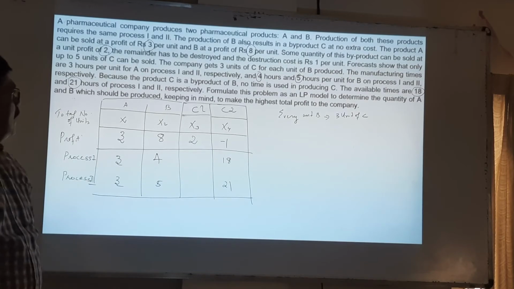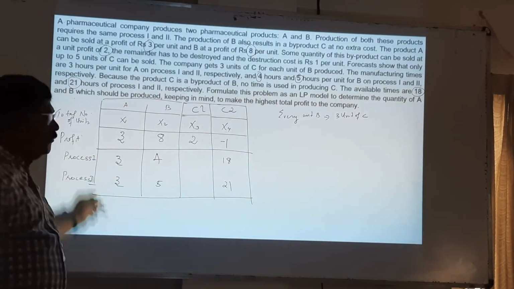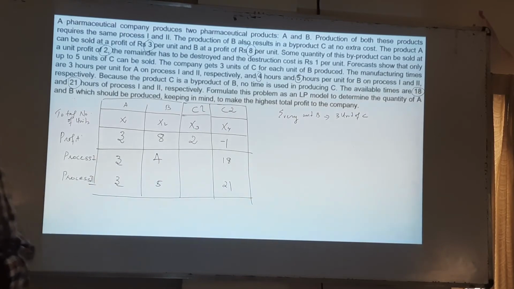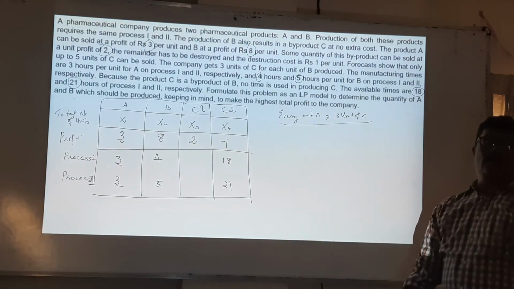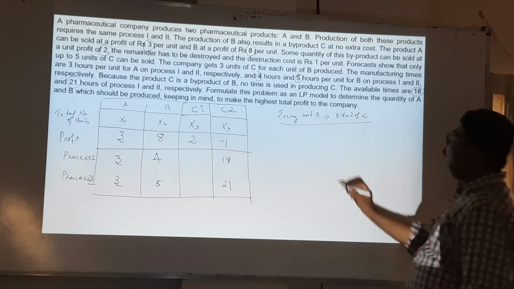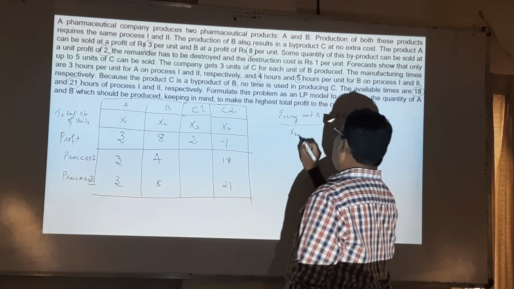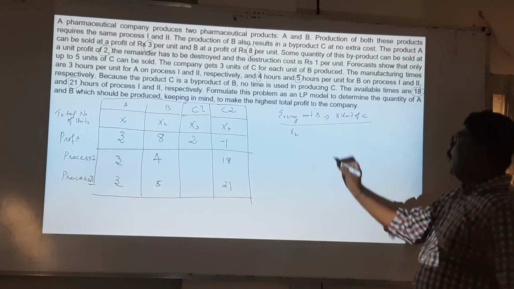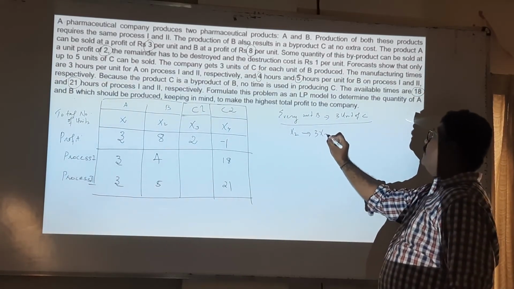Formulate this problem as an LP model. It is a maximization of profit, because profit is being given. Only rider is every unit of B produced, 3 units of C are created. So if X2 units of B are there, how many C are manufactured? 3 into X2.